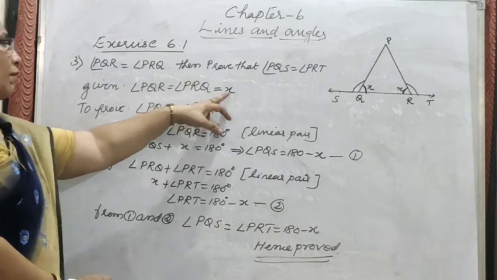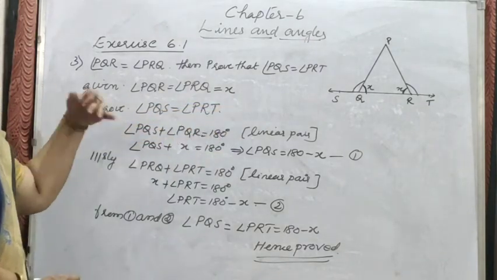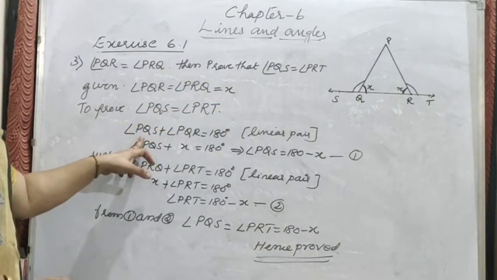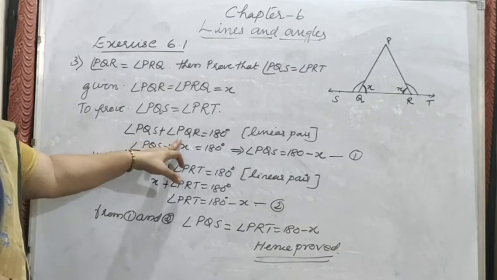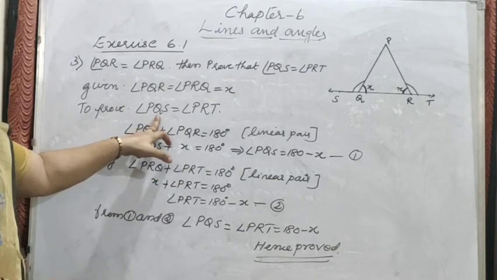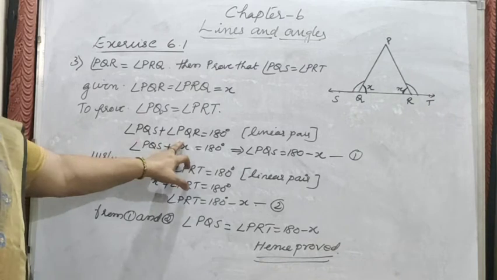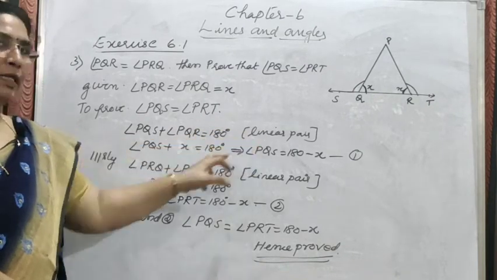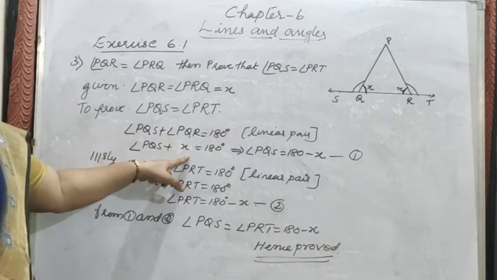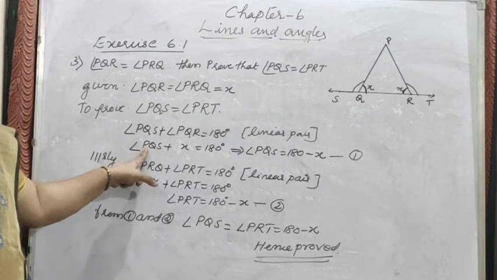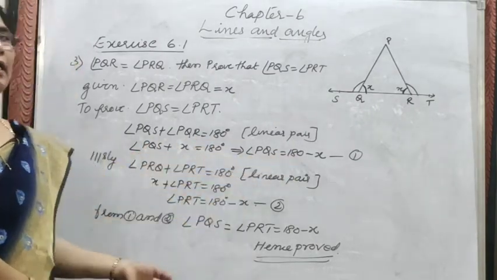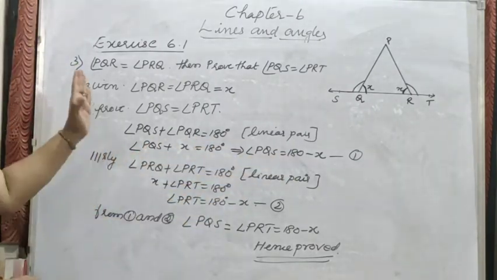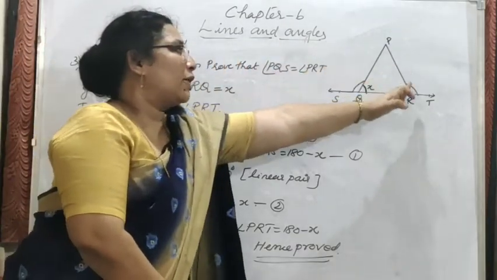So we have taken both the values are equal to x. Now see the figure. We can write that PQS plus PQR, PQS to be calculated. So PQS plus PQR equal to 180 degree, linear pair. One value is given, that is x, so 180 minus x. Similarly, the same step we have applied for the other side.